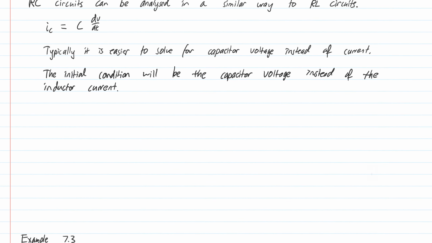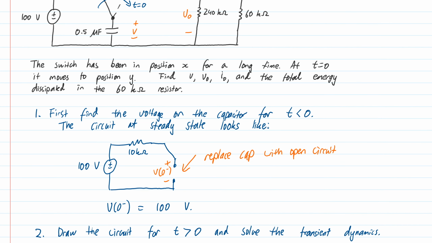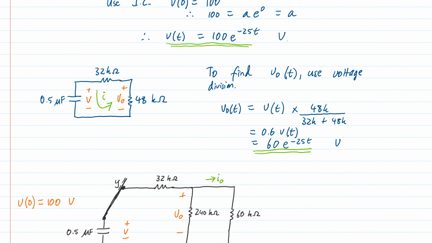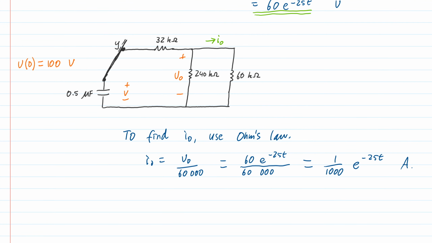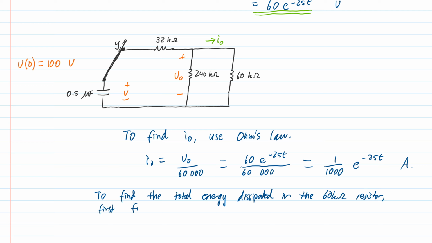Okay, the final thing that our question asked was the total energy that is dissipated in that 60 kilo ohm resistor. So that's the final thing to calculate. To find the total energy dissipated in the 60 kilo ohm resistor, first find the power.